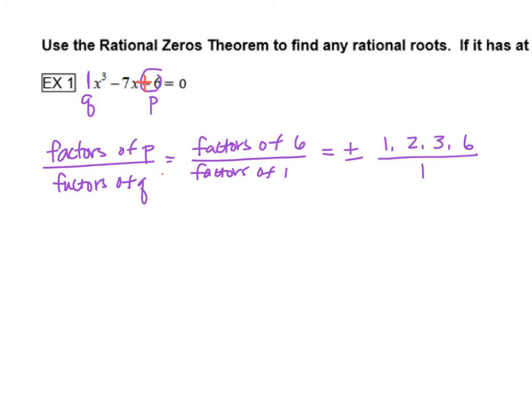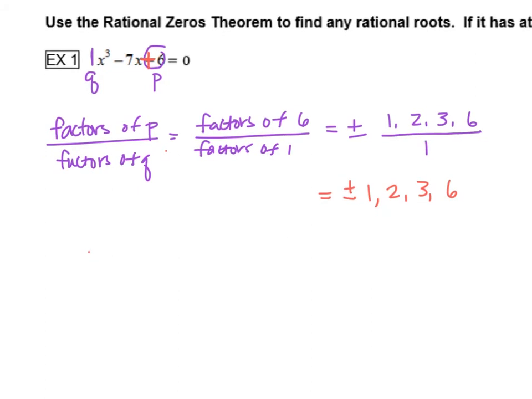So now we're going to divide those out and say, okay, our possible roots could be 1 divided by 1, which is 1, 2 divided by 1, 3 divided by 1, and 6 divided by 1. So these are all possible rational roots. We don't know if they're going to work or not, so we're going to test those one at a time. When we get one that works, then we can break this down and solve, hopefully with factoring a little bit easier.